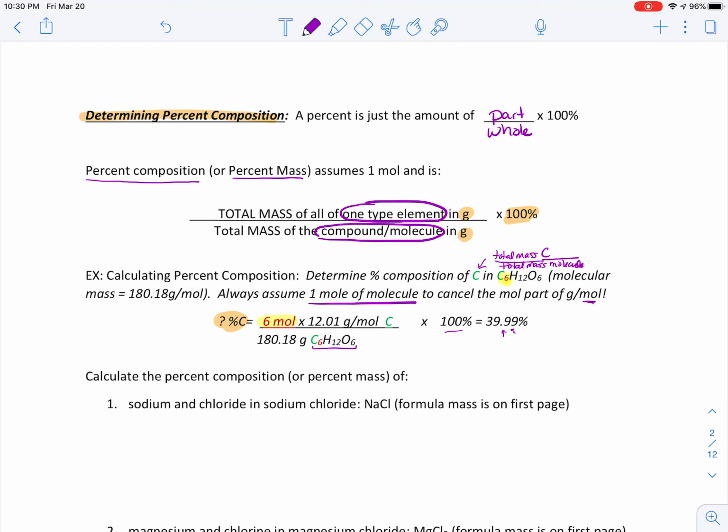So sometimes I'll round up to this position, even though it should be this position, to make it equal 100 properly. It's not going to be a questionable situation for you. If you get 39.99, it's going to work. If you get 40.0, it's going to work, like on a test.